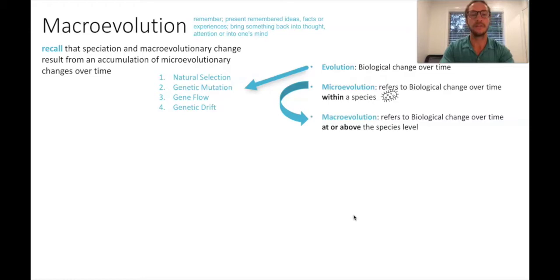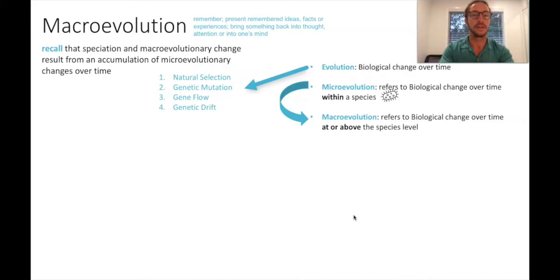And macroevolution refers to biological change over time, not within, but at or above the level of species. So the definition has widely varied over time. But in the modern sense, macroevolution is evolution, that is change, that is guided by selection, mutation, and speciation at or above the species level.